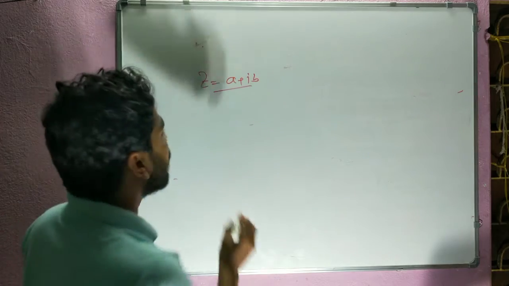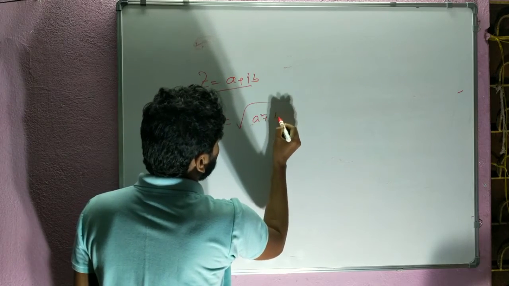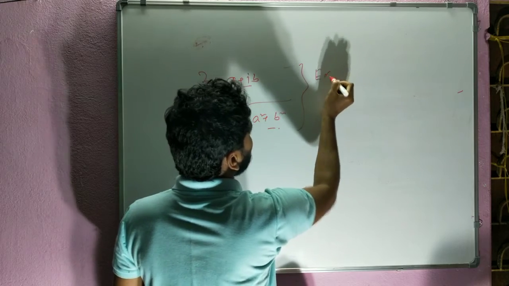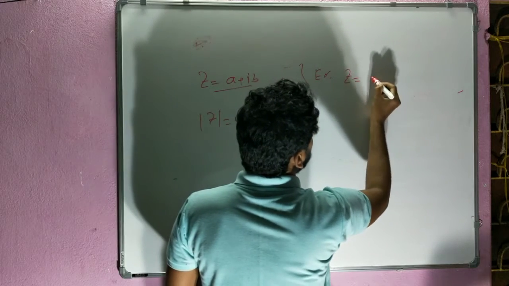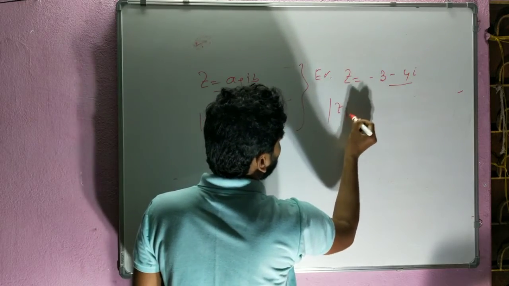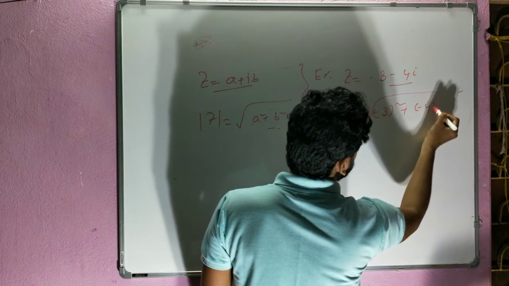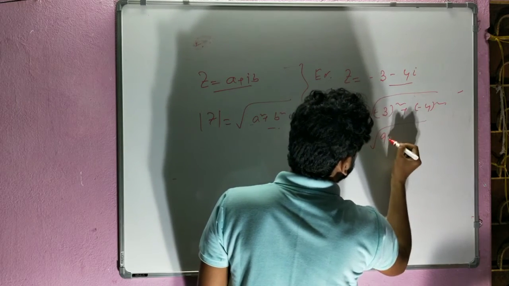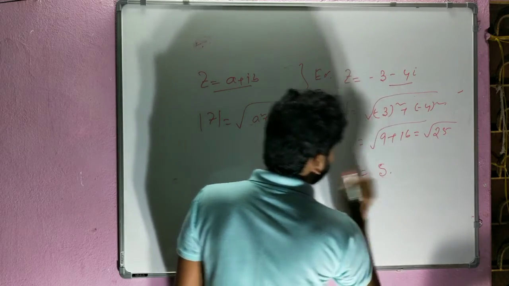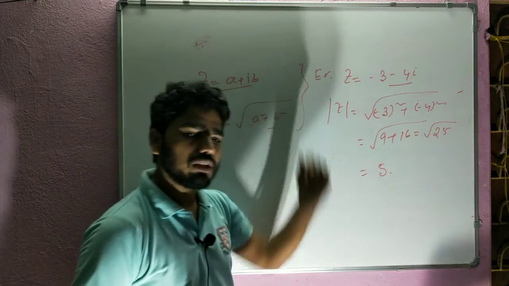The modulus value is mod z equal to root over a square plus b square. For example, suppose z equal to minus 3 minus 4i. This is the complex number. Mod z equal to root over minus 3 square plus minus 4 square, that is root of 9 plus 16, root of 25, that means 5. This is the modulus value, with an example.